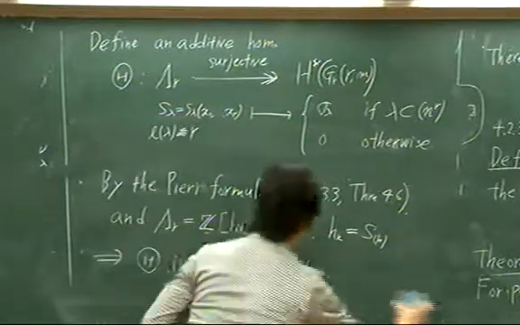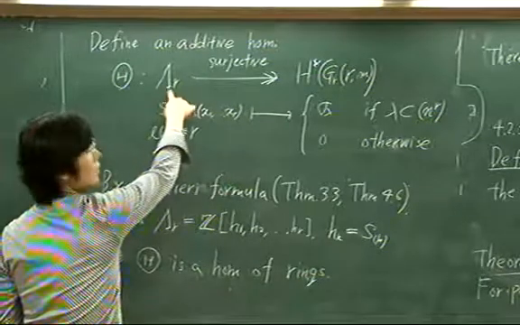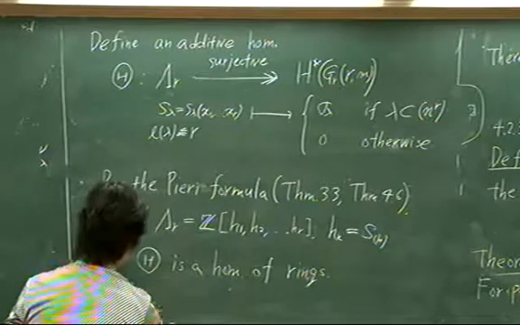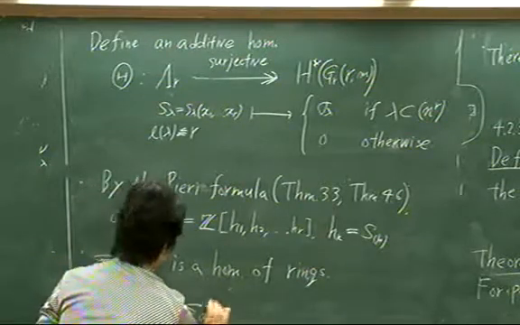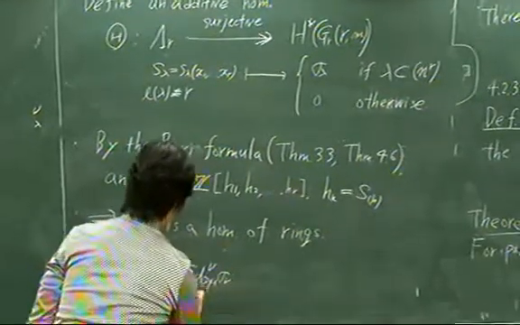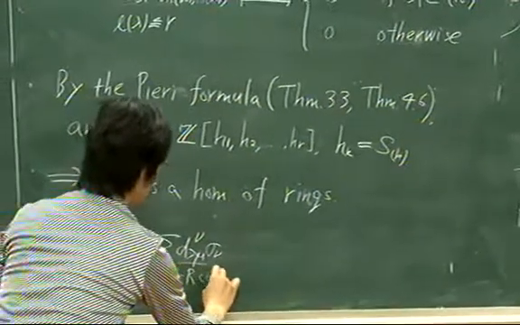For example, in the ring lambda_R, we know S lambda times S mu equals the sum of d lambda mu nu S nu, where d lambda mu nu is the LR coefficient.